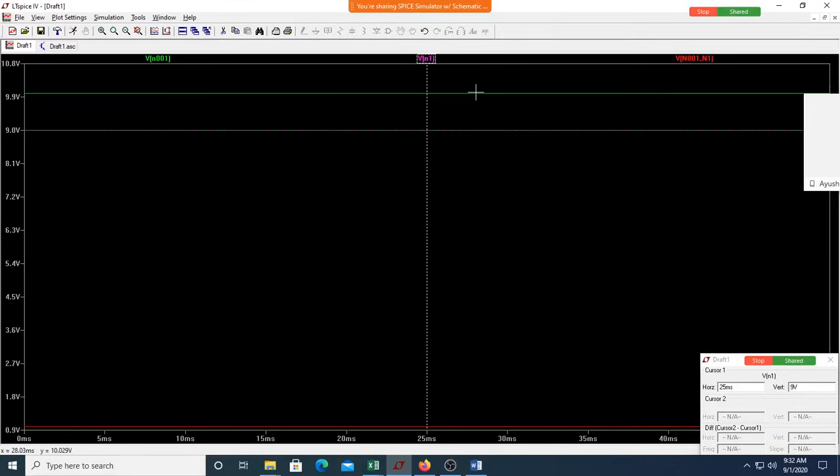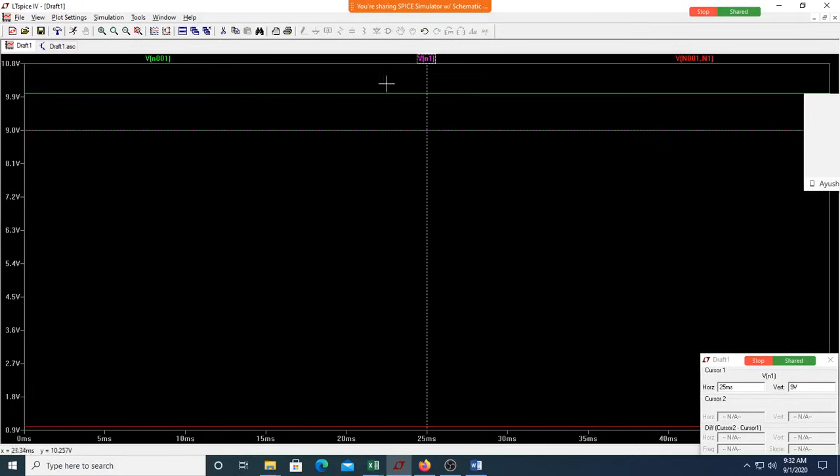So N001 is the voltage of the battery, and N1 is the point voltage at node N1. And V of N001 comma N1 is the voltage difference between them, the voltage across resistor R1.